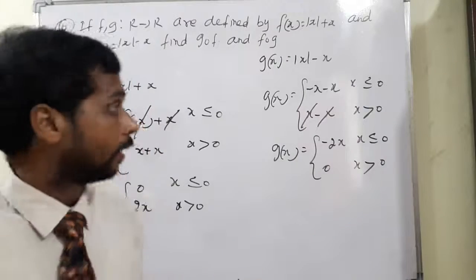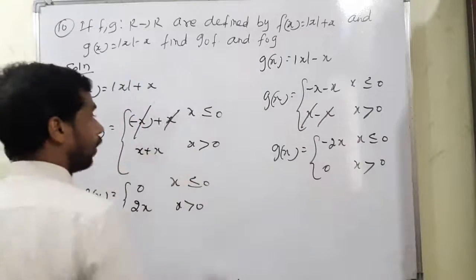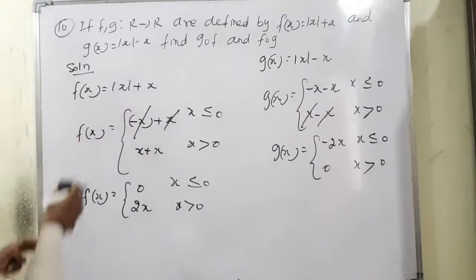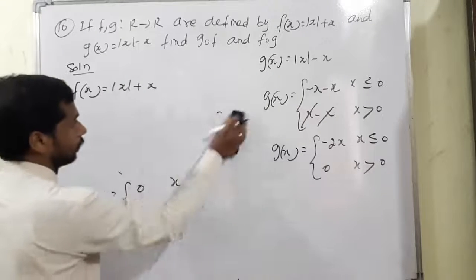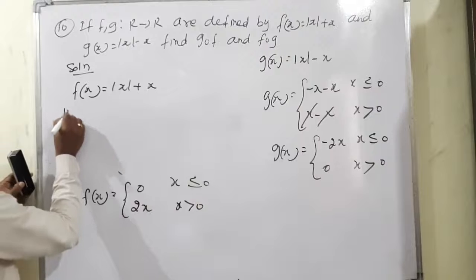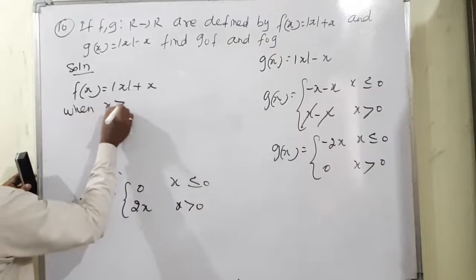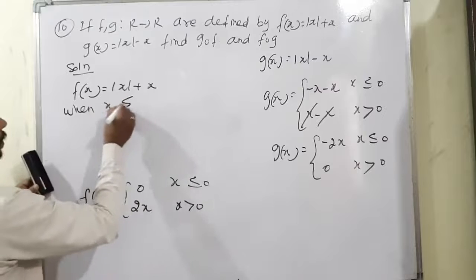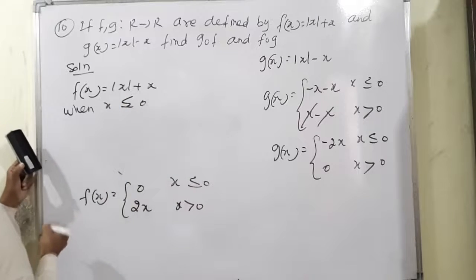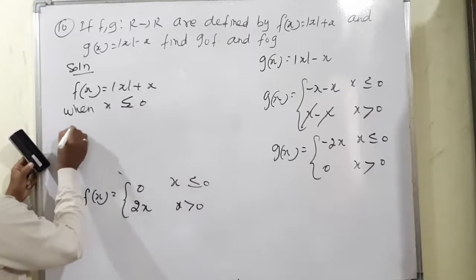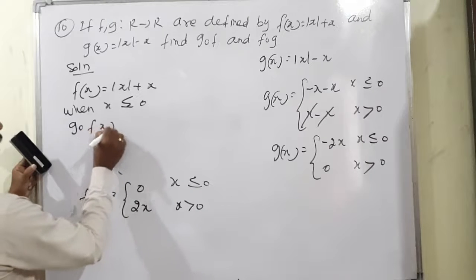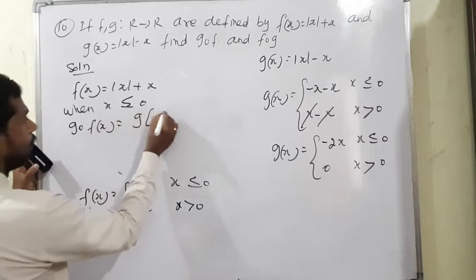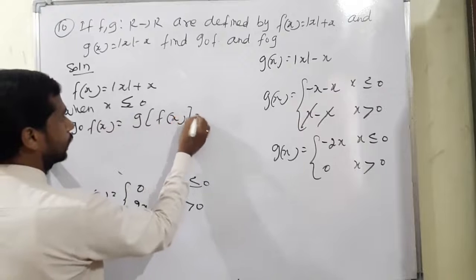Now the condition, first one, g dot f of x, isn't it? So, when x is less than or equal to 0, g dot f of x is equal to g of f of x.